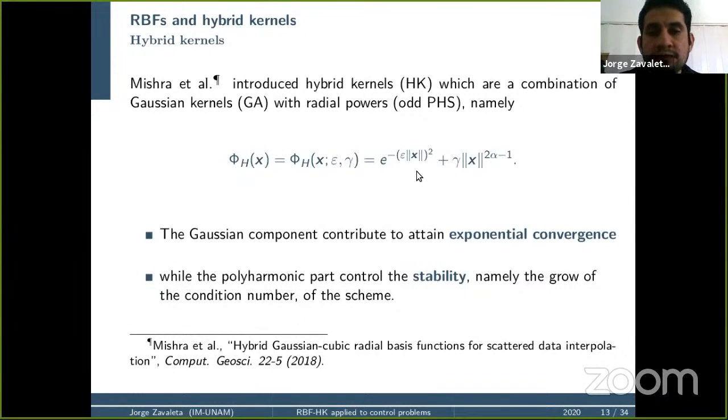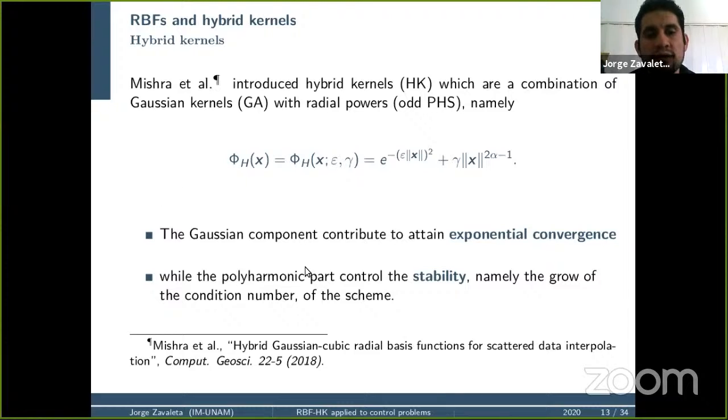So we are going to have an extra parameter gamma, which controls the portion of polyharmonic that participates in the combination. We want this parameter gamma to be very small, but sometimes its effect is not really clear up to now.